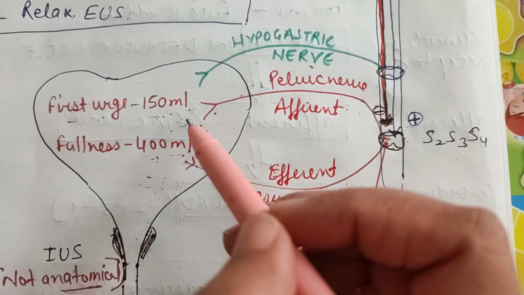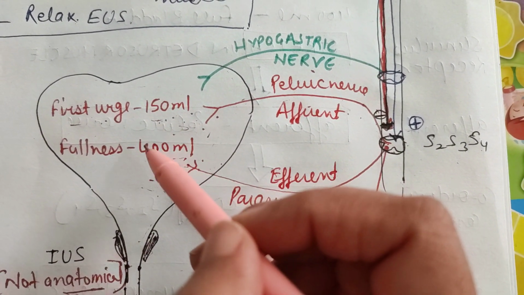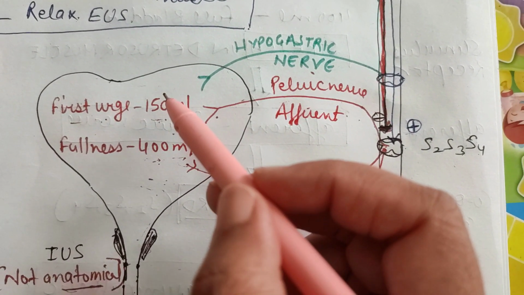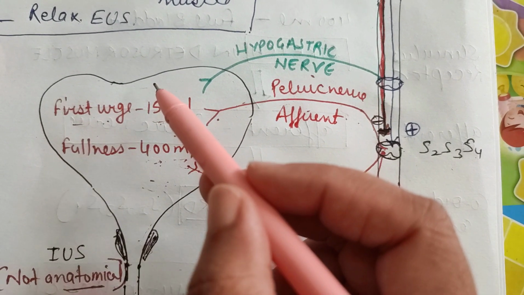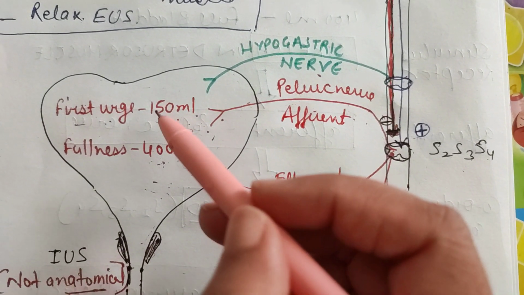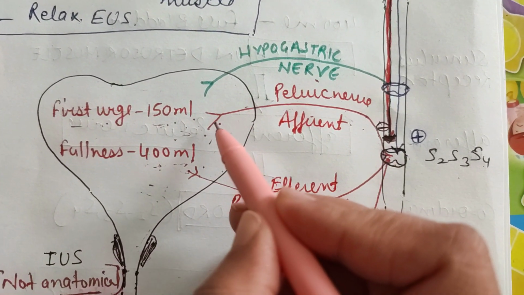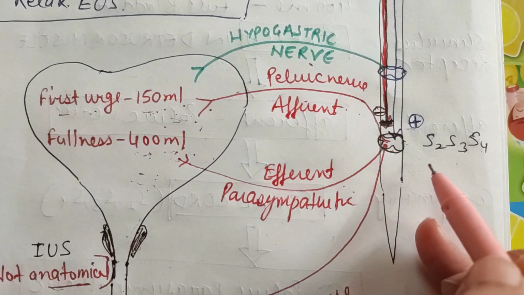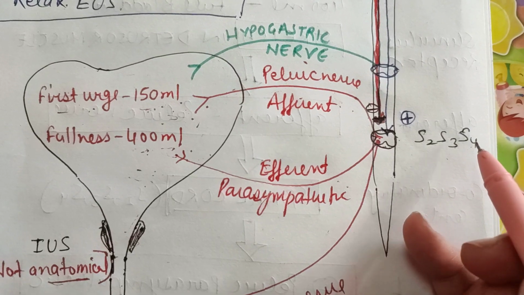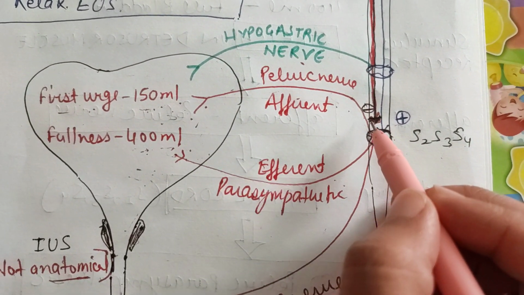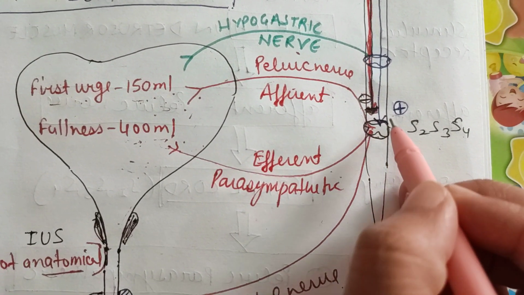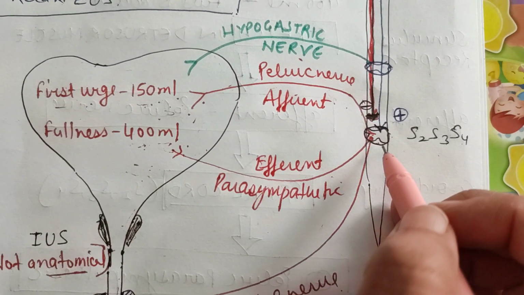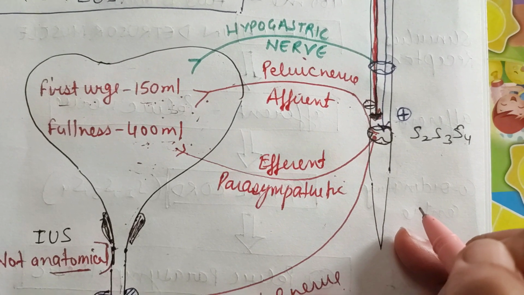Whenever there is urine collection in the bladder, the stimulus, which is stretch of the detrusor muscle, is carried via the afferent nerve ending, which is the pelvic nerve, S2, S3, S4 segments, and they carry this impulse to the coordinating center, which is the spinal cord here at S2, S3, S4 level.